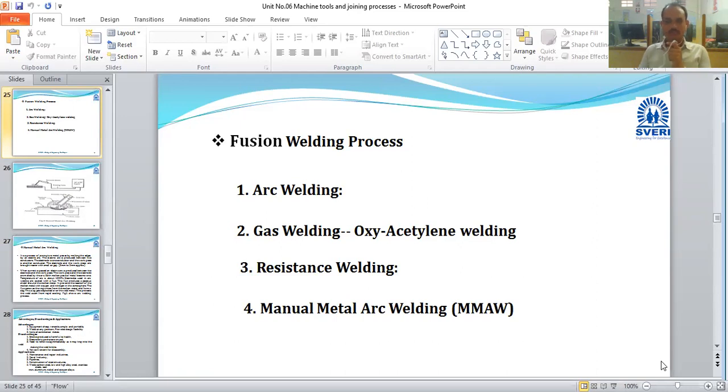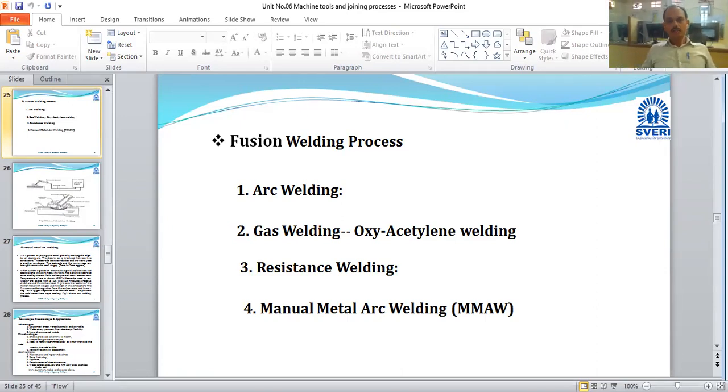Then we have seen the drilling machine. What is the function of the drilling machine? To produce a hole in the workpiece. This is the objective or function of the drilling machine.